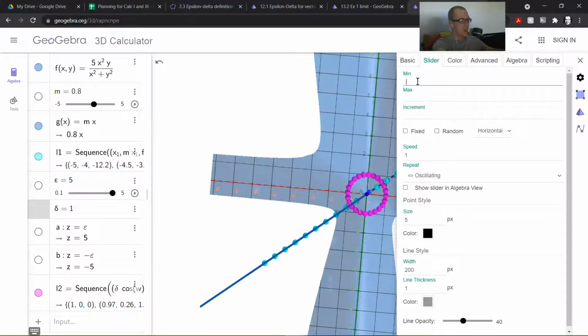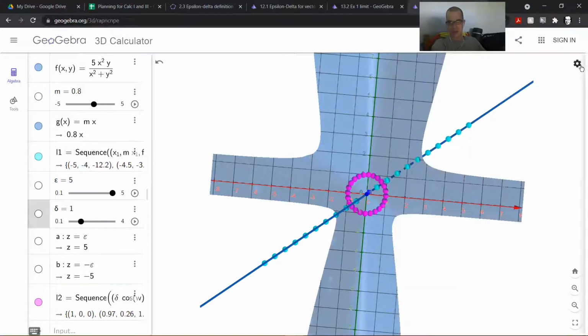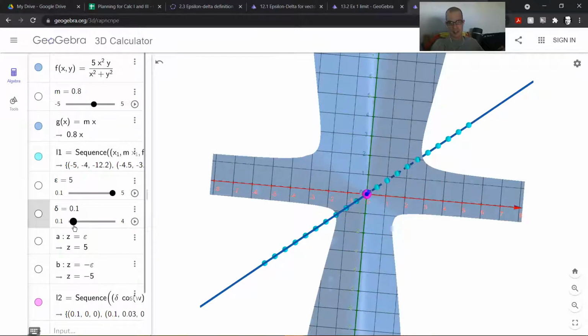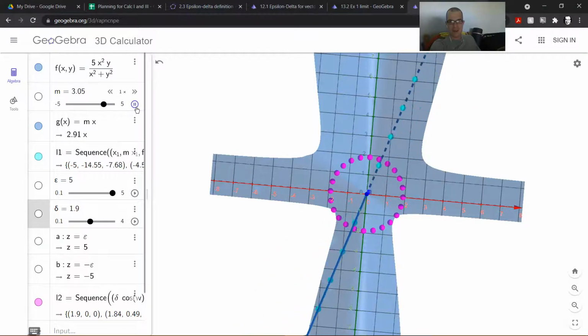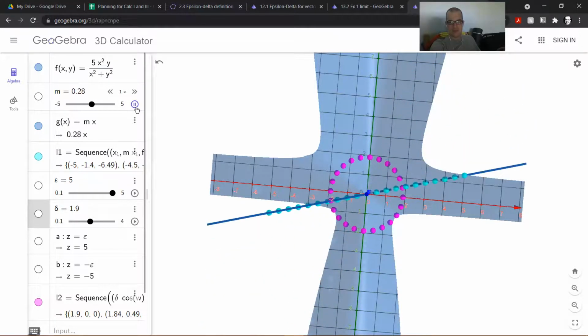Let's make it 0.1 as a min and 4 as a maximum. And show the slider. There we go. So now we can change that delta radius in the domain. We also have the line y equals mx here for funsies. That's our blue line with those blue points.